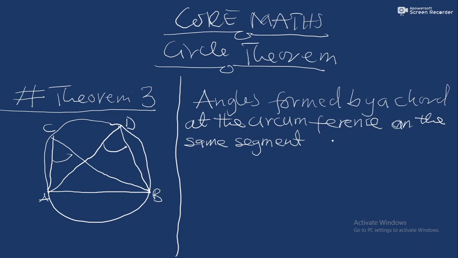Angles formed by a chord at the circumference on the same segment are equal.